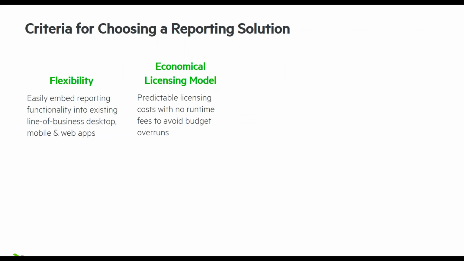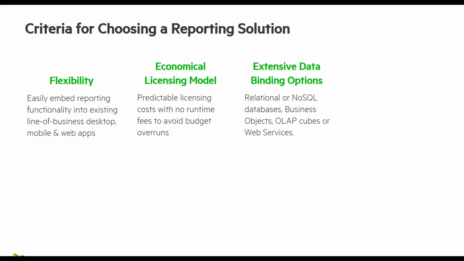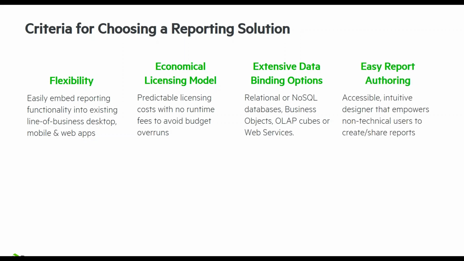You want predictable licensing that you know up front how much it's going to cost, and you're not going to be having these runtime fees that can make you go over your budget. You need to bind your reports to all kinds of data, whether it's SQL, Oracle, MongoDB, or you have a business layer, or you want to bind to the Entity Framework or anything. So that's very, very crucial.